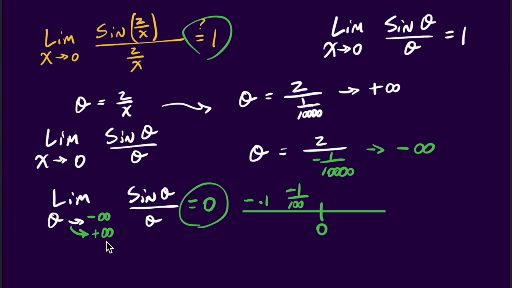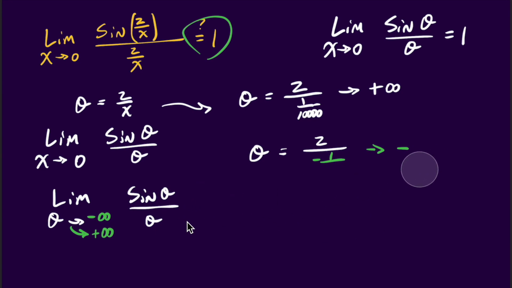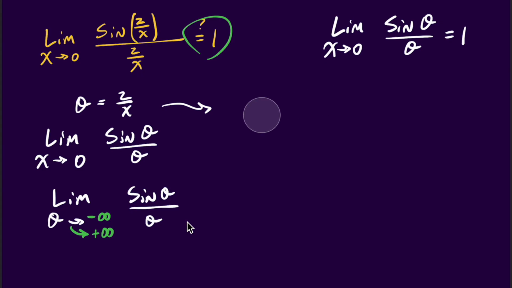Now, we know that the limit as theta approaches positive infinity equals 0, because that's classic limit number 2. But let's just quickly look at whether the limit as theta approaches negative infinity does in fact also equal 0.